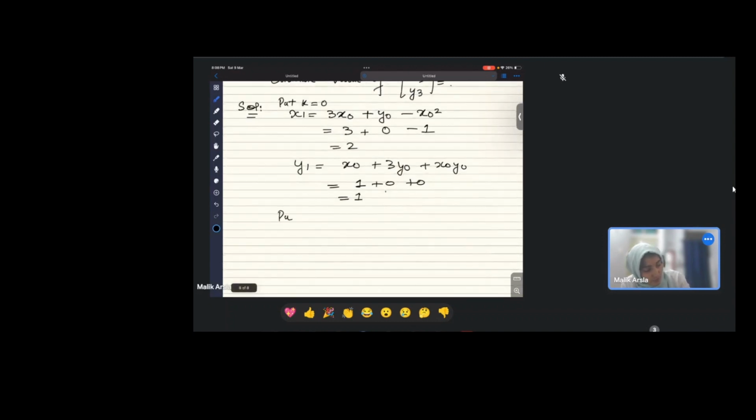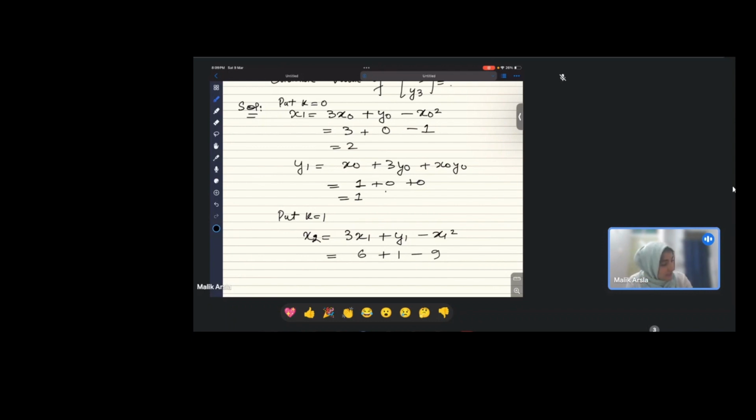Now putting k equal to 1, x2 will be 3x1 plus y1 minus x1 square, which is equal to what? 6 plus 1 minus 9, correct?